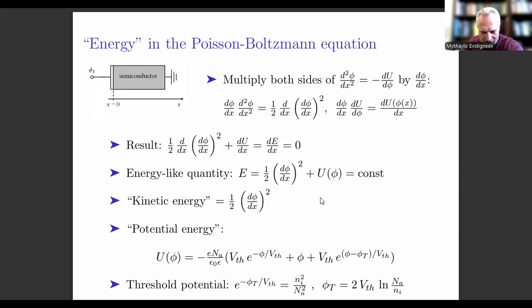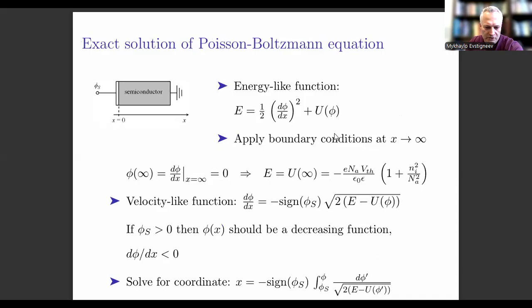So this was the rigorous derivation of the energy-like quantity which is conserved. Now, what can we do with this energy-like quantity? Well, this is our energy-like function. We can establish its value using boundary conditions.